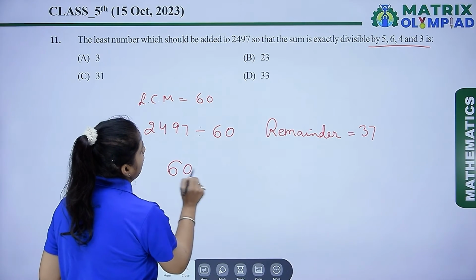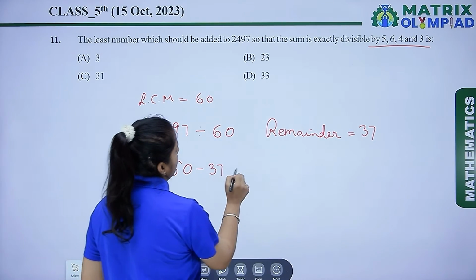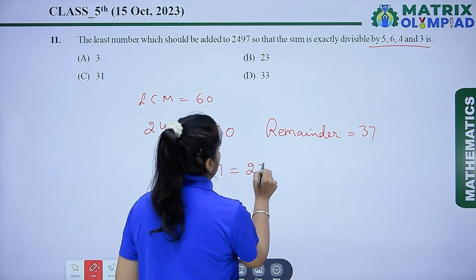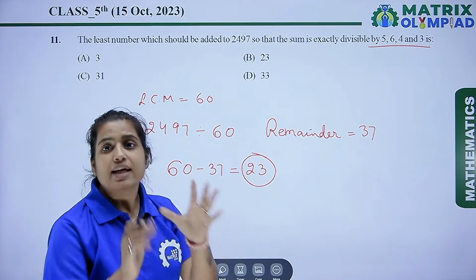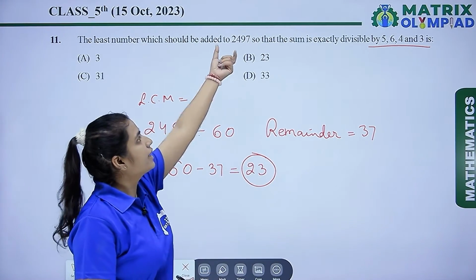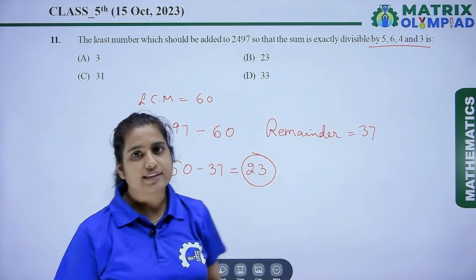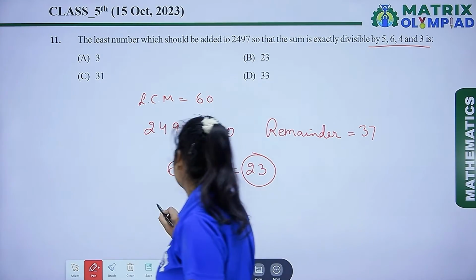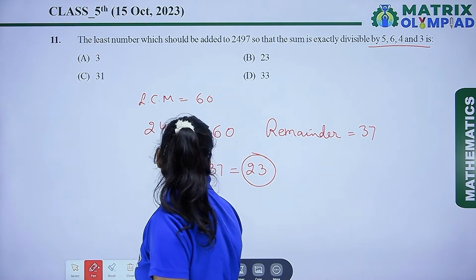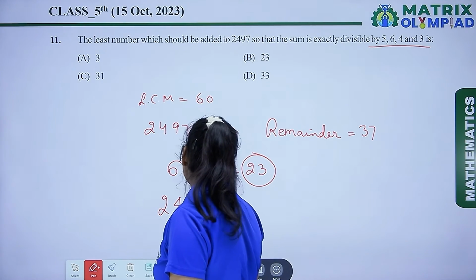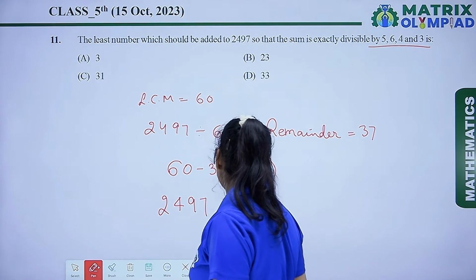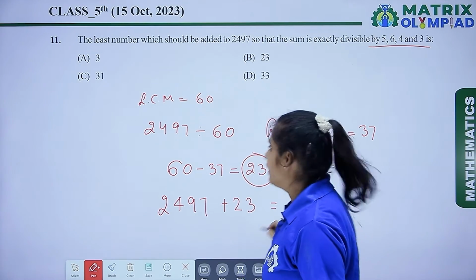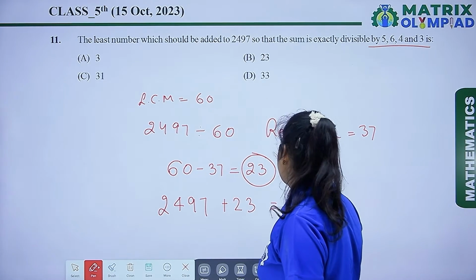So after subtracting 37 from 60, we will get number 23. Now this is the number which we have to add in the given number, that is 2497. जब हम इस 23 को 2497 में add करेंगे, so we will get here 2520.